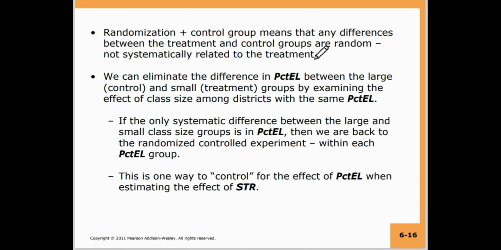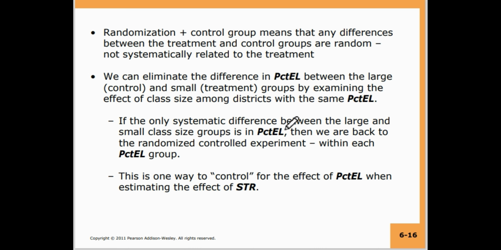So if people were randomly assigned to these classes, you would call it an ideal randomized controlled experiment. But since that is not happening, we also have other variables, so what we do is include that variable. We can eliminate the difference in percentage English learners between large control and small treatment groups by examining the effect of class size among districts with the same percentage English learners.